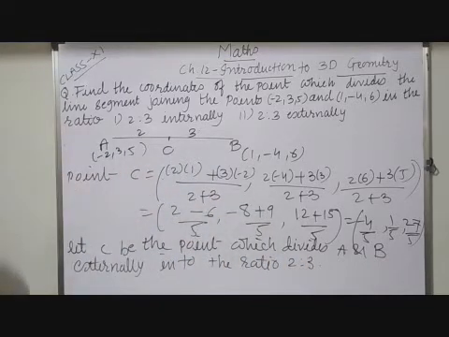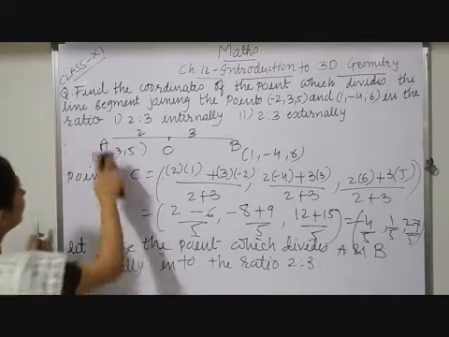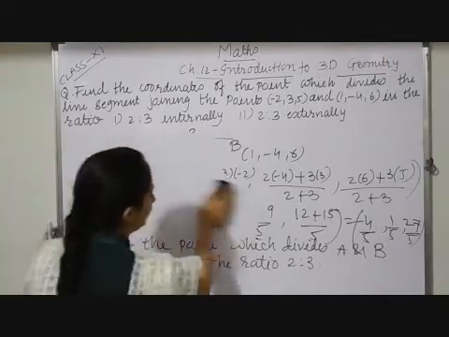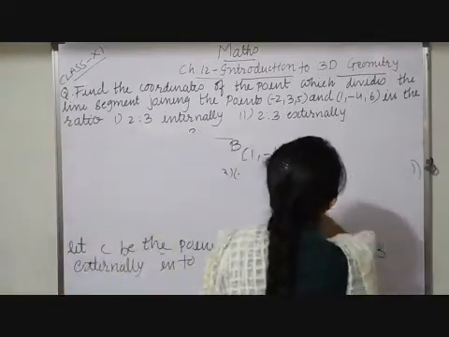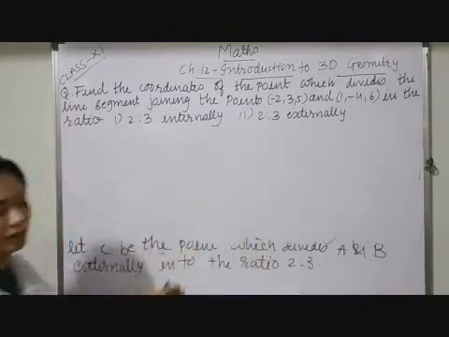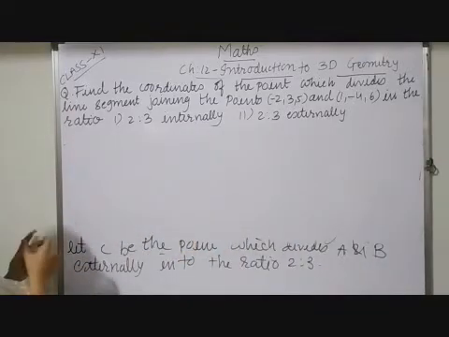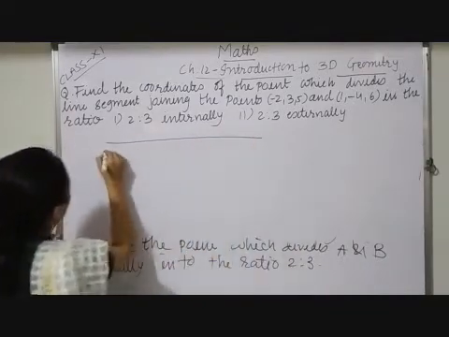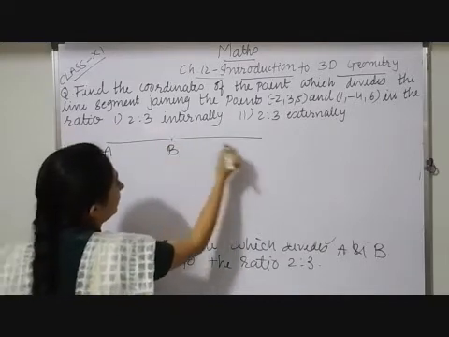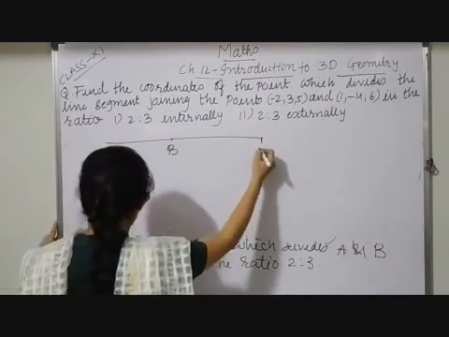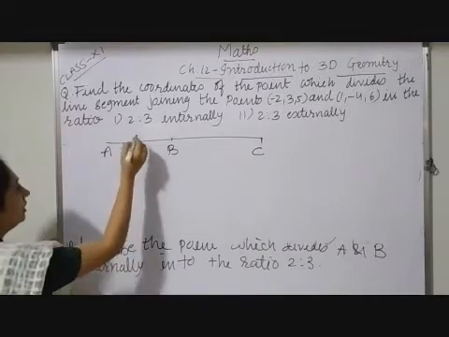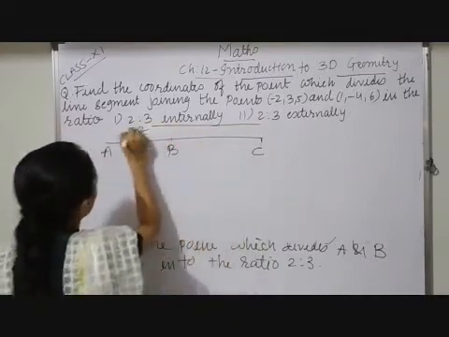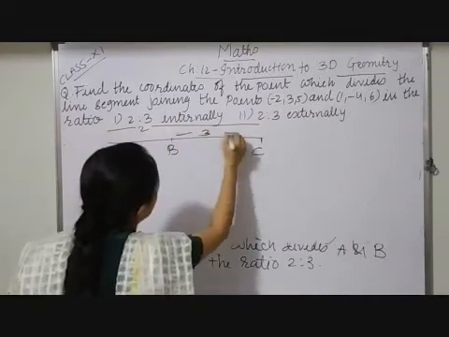So its diagram will change here. See, here we have points A, B, and this one is the external point which I have assumed C. Now this is 2 and this ratio is 3.